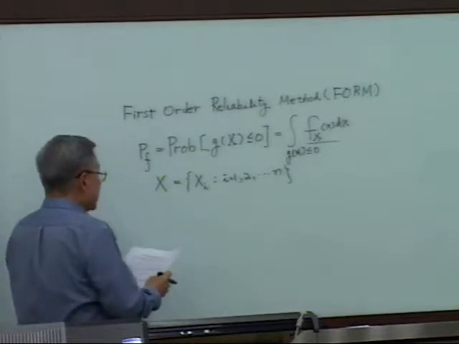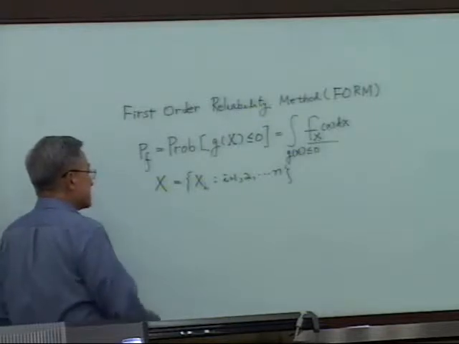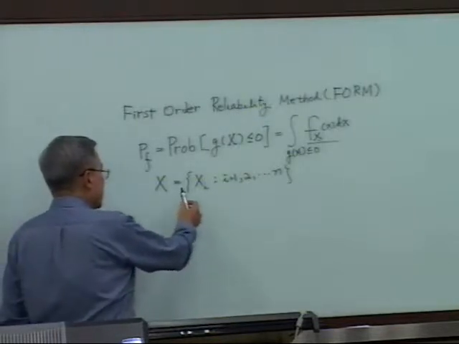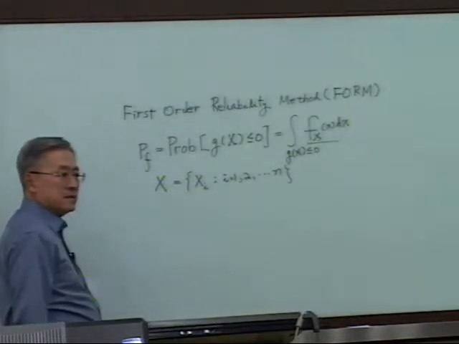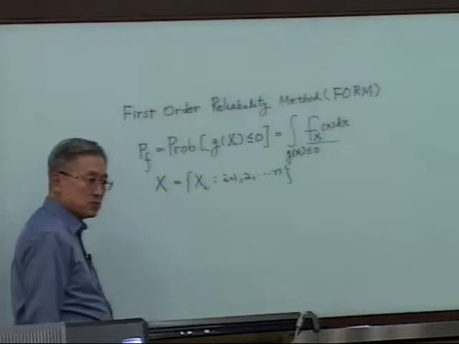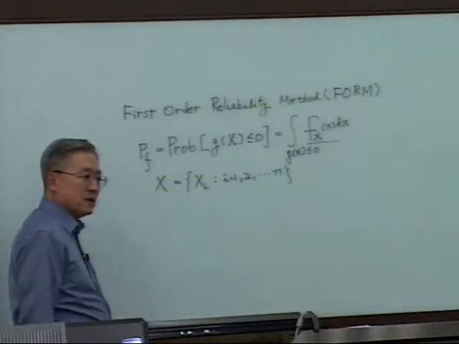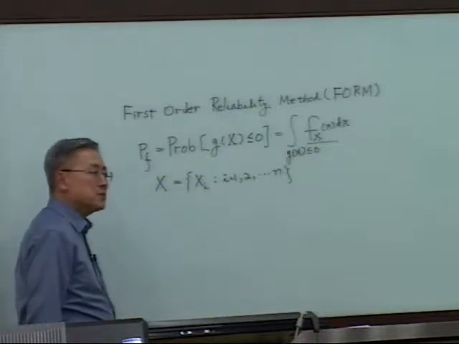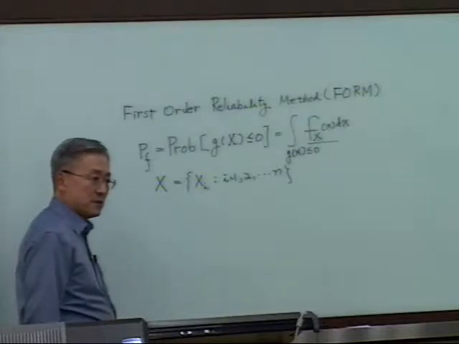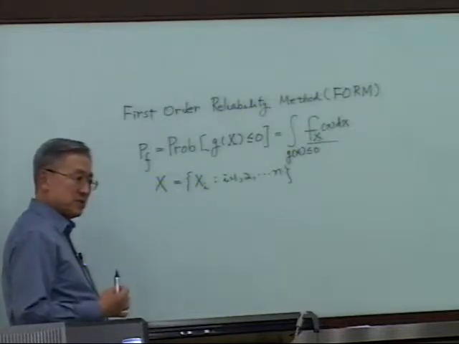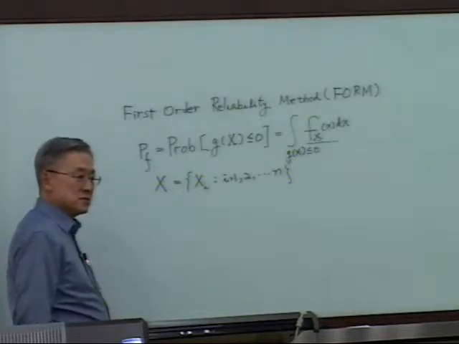And of course, one of the assumptions we made here is that the random variables are mutually exclusive and assumed to be independent of each other to make life easier. Then, as I mentioned the other day, what happens if it's a correlated situation?